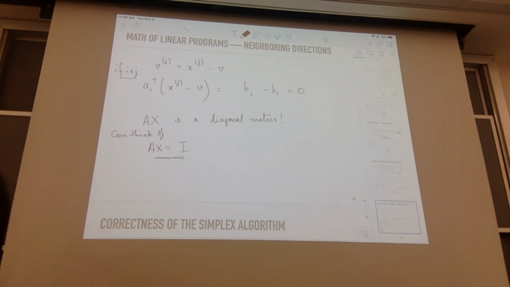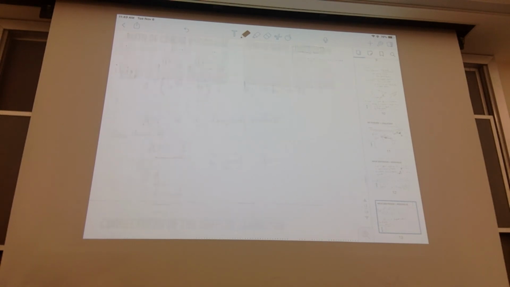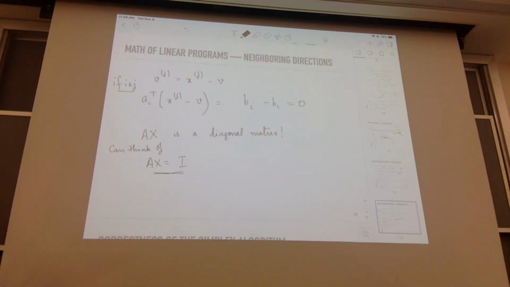So what this means is that X is basically A inverse. If I gave you a corner point of this polytope, and I ask you what are all the neighboring directions, the answer is you look at all the equations that define this corner point, and let the matrix of those defining equations be A. You invert that matrix.